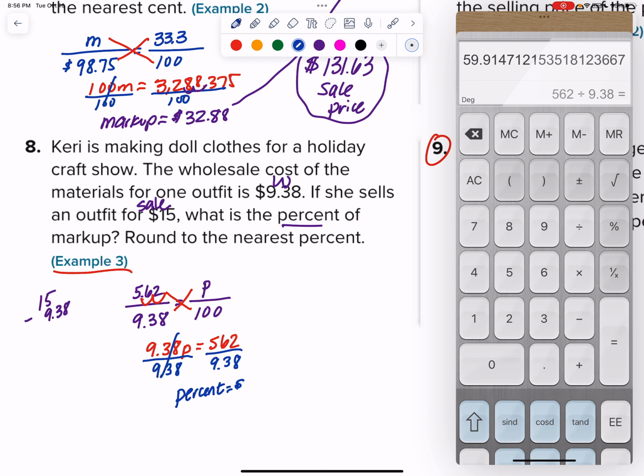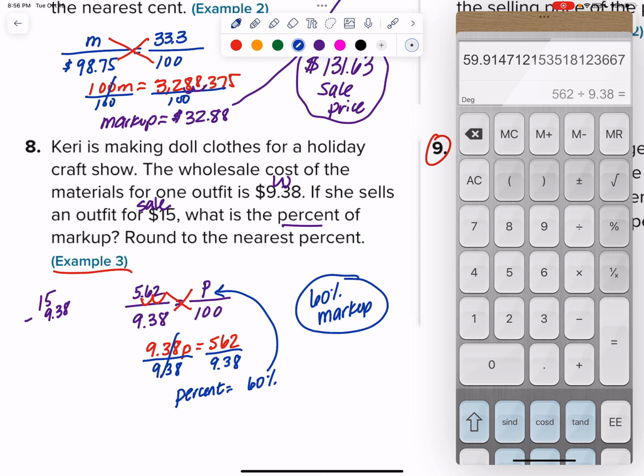It says round to the nearest percent, so that would be whole percent. So instead of 59.9, we would say 60%. And I shouldn't have put a dollar symbol there. Didn't mean to do that. So we have 60%, and that's what goes right there. So you would say a 60% markup.